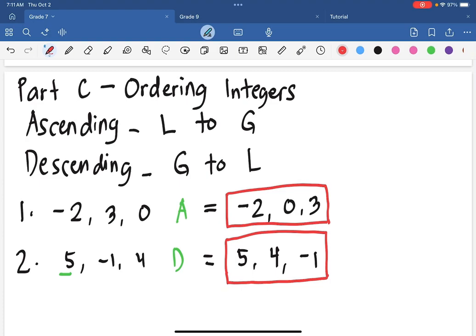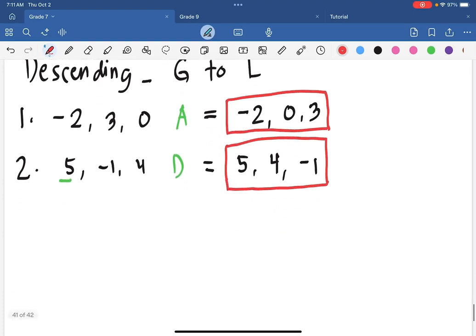Now let's have our last example. So number 3, we have the numbers negative 9, 3, 1, negative 4, and negative 7 in ascending order.